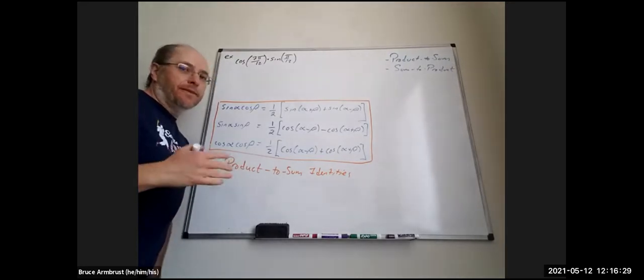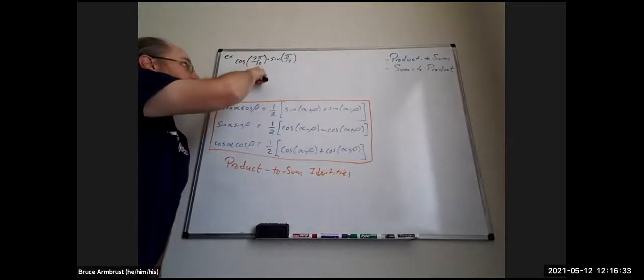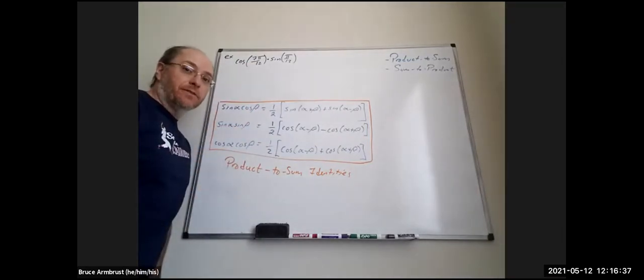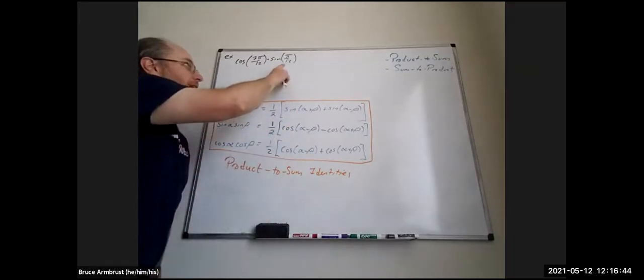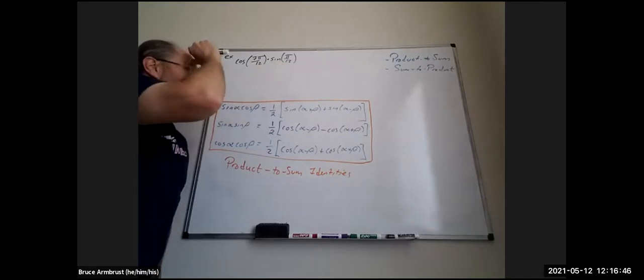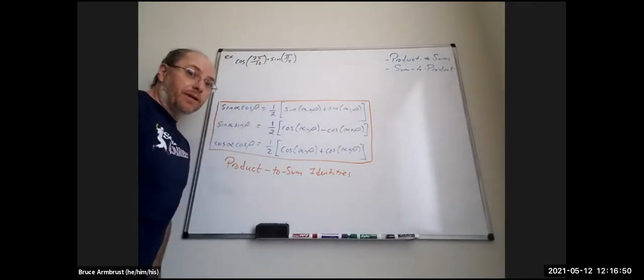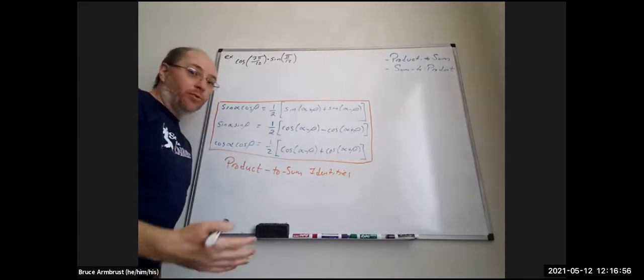Okay, so there are actually a bunch of ways we could do this. The first is with 7 pi over 12, we could think of that as a sum or difference of angles and go and find the cosine. We could do the same thing with sine. We could use the half angle identity for both of these, because pi over 12 is half of pi over 6, and we know everything about pi over 6. 7 pi over 12 is half of 7 pi over 6, and again, we know everything about that.